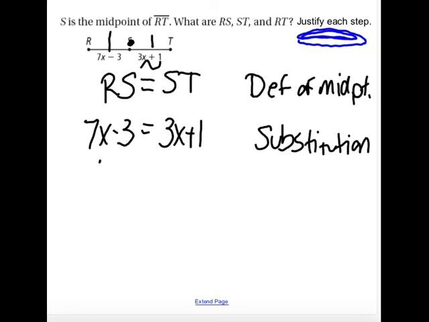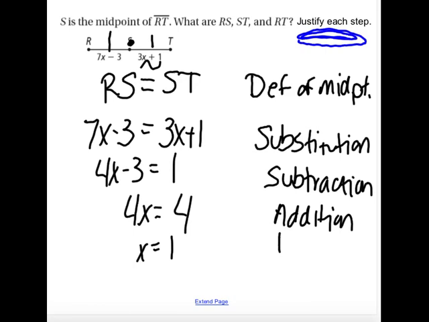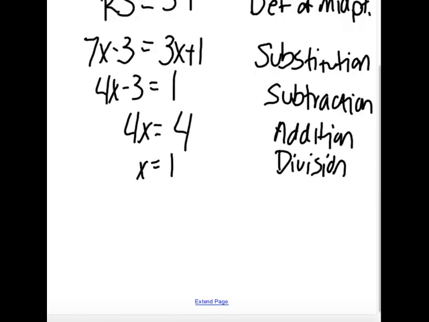I'm going to subtract my 3x, take 4x minus 3, and then I'm going to add my 3 to get 4x equals 4. And then divide by 4 to get x equals 1. But I'm not done. I need to find what all of my points are on this segment.